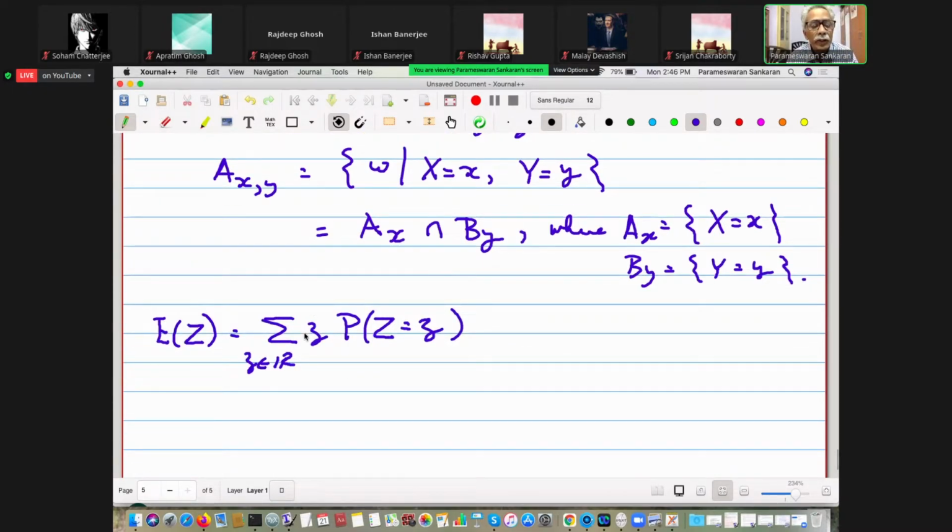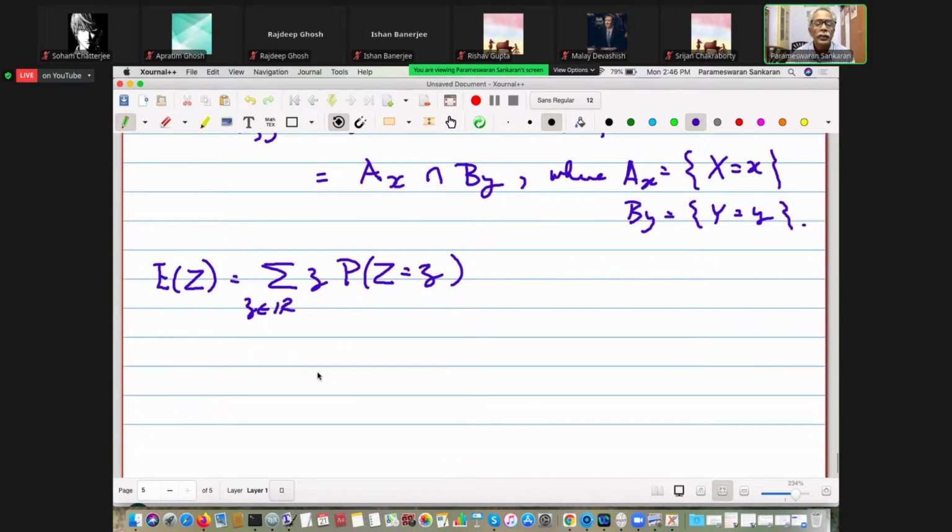Although it's discrete and only countable values are going to be there, just sum over all possible things, because this is going to be zero whenever z is not one among those countable things which really do matter. It's a convenient notation.